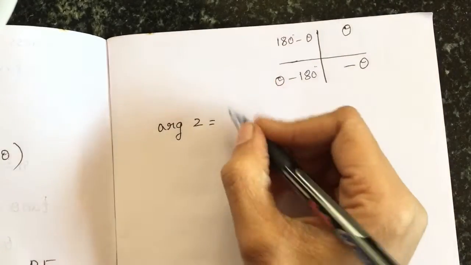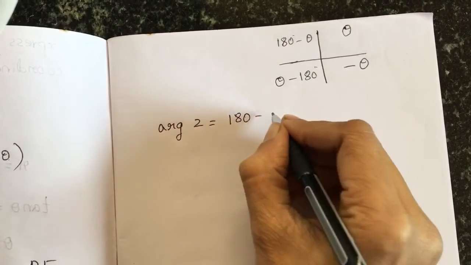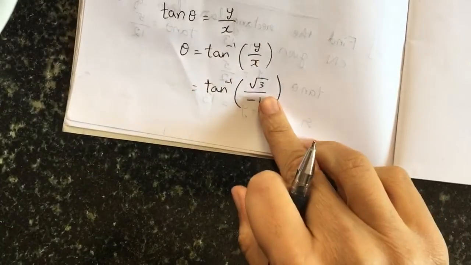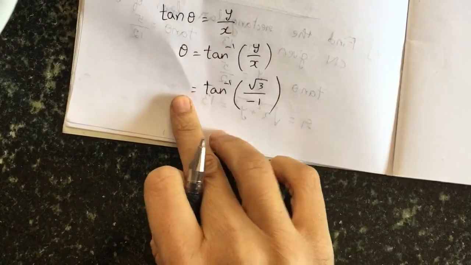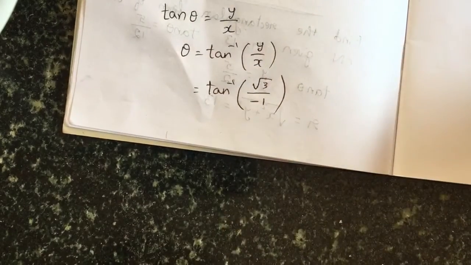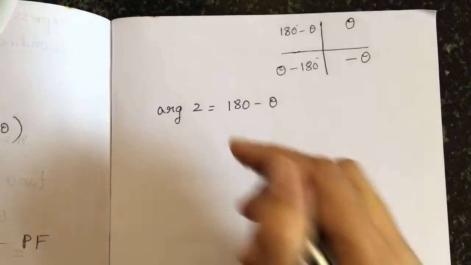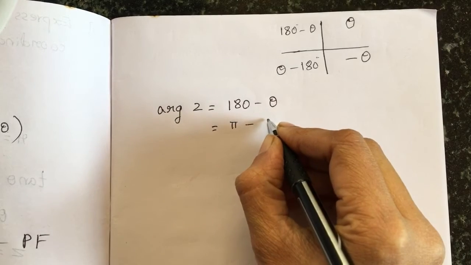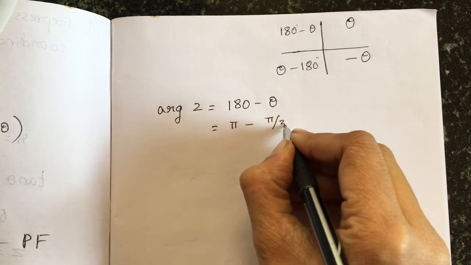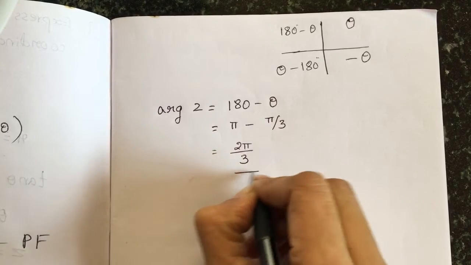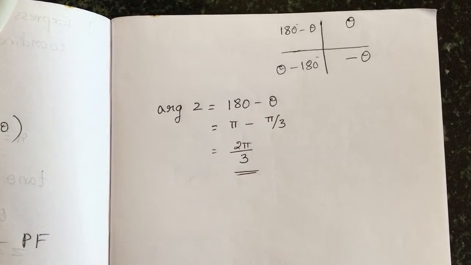When you ignore the sign, what's the angle you are getting? Theta equal to tan inverse of root 3, that is angle pi by 3. That angle we have to consider here, so 180 is nothing but pi, pi minus pi by 3 will be 2 pi by 3. This is the argument of z.